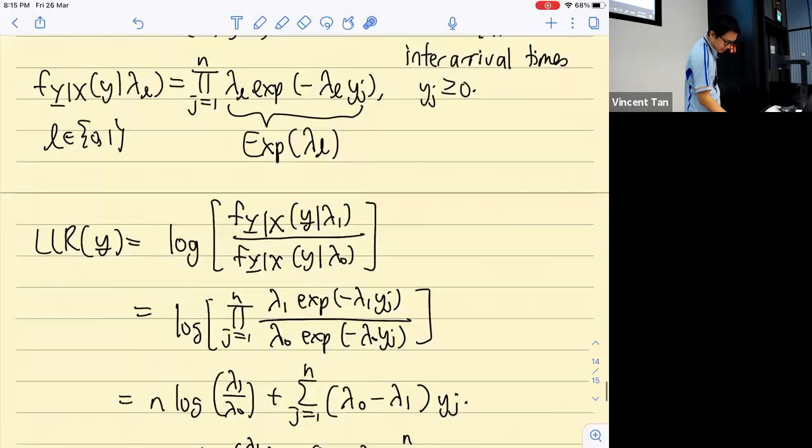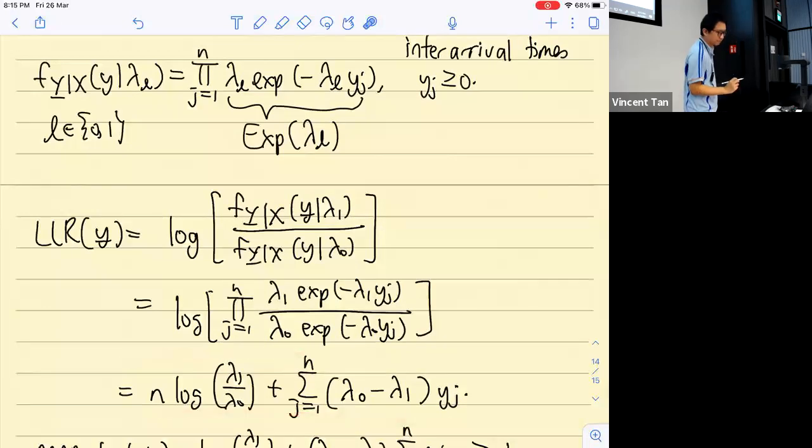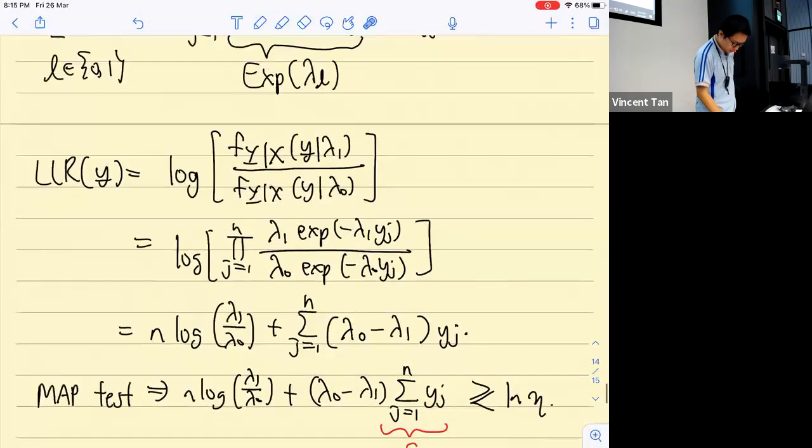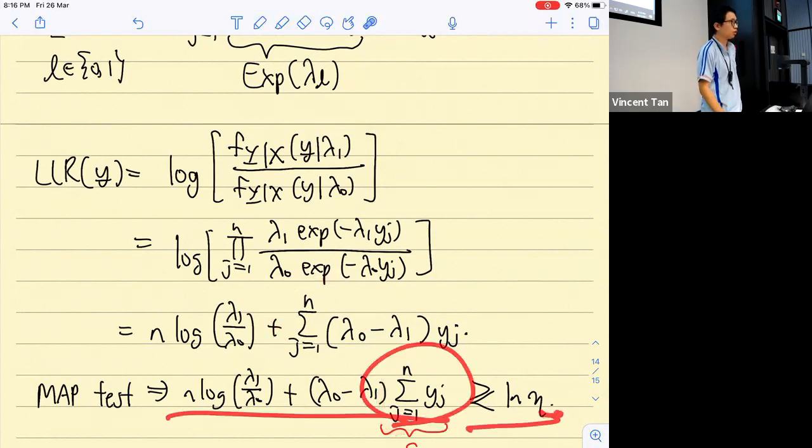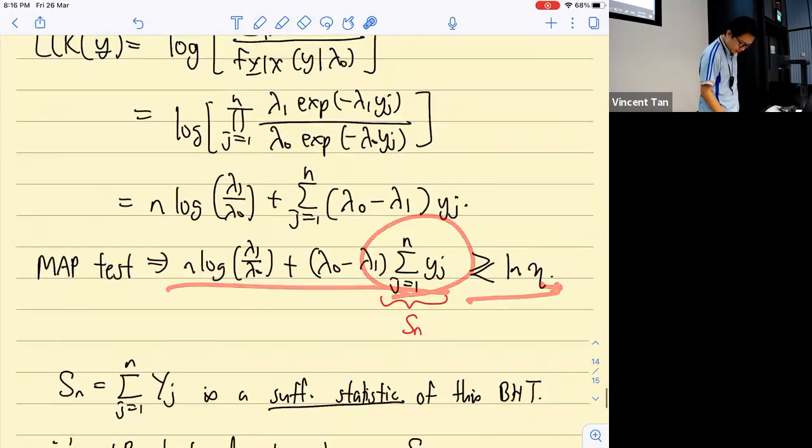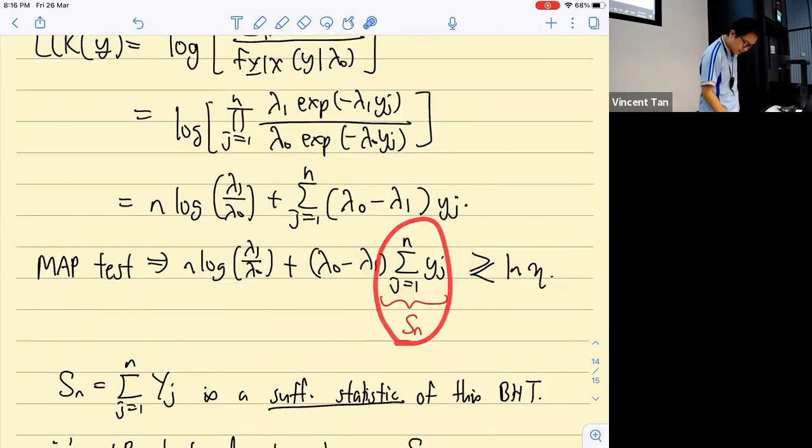After some simplification, we get this expression. We see that this constant can be brought outside, and we are only going to look at the sum, comparing some simple function of the sum to this threshold. All that matters for us to make the optimal decision is Sn, the nth arrival epoch. Everything that happens before is not important.